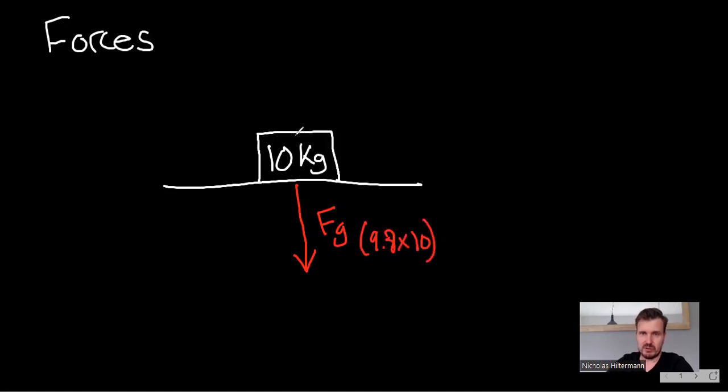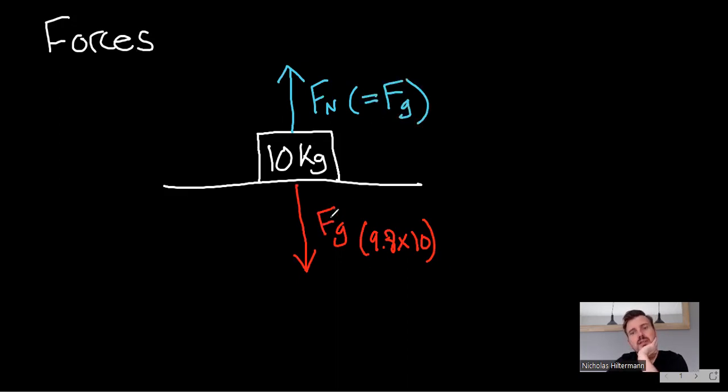And then I have the normal force acting upwards, and that's going to be the same, let's say equal to Fg. So this would be a force diagram, and this is our free body diagram.